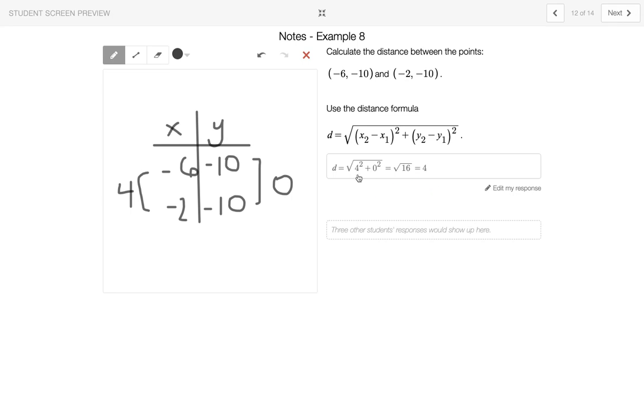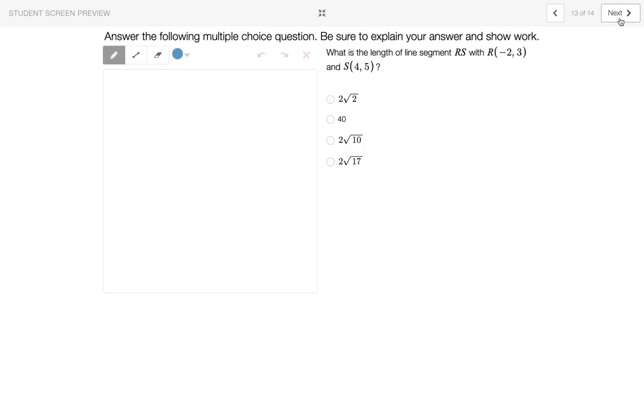But it would be totally fine to just use the horizontal distance between these 2 points, because the horizontal distance is equal to the distance between the 2 points, since the vertical distance between the 2 points is 0.